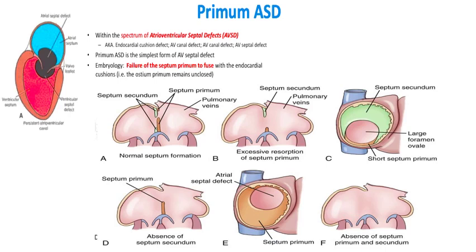So here a larger foramen is seen, and here there is absence of septum secundum totally, and here it is the absence of septum primum as well as septum secundum. That means the interatrial septum itself is totally absent, which gives a common atrial chamber.